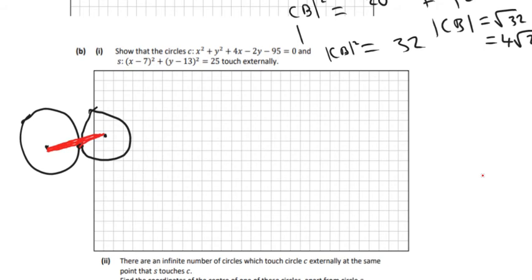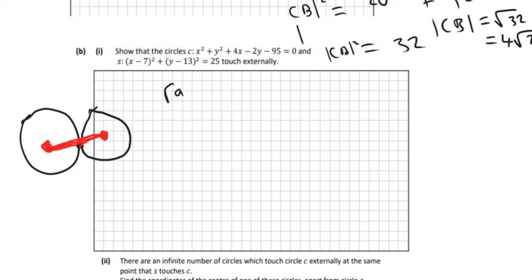That should equal the distance between the coordinates of this point and this point. So if you use the distance formula for the two centers, that should be equal to the radius of the two circles added together. If you can show that, then you've shown that they touch externally.